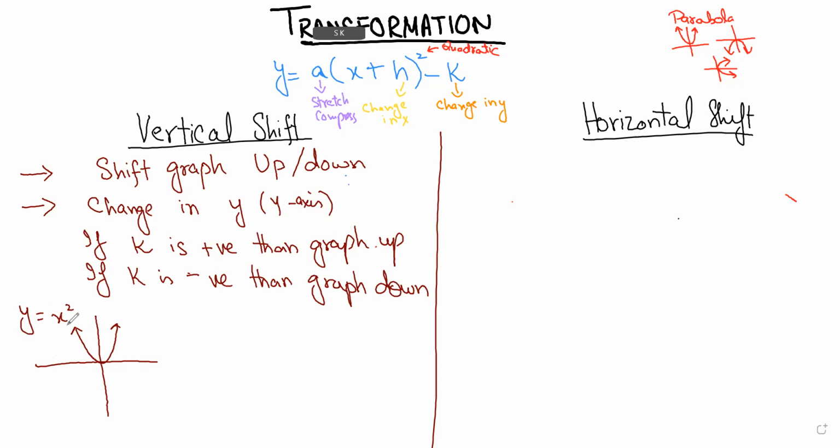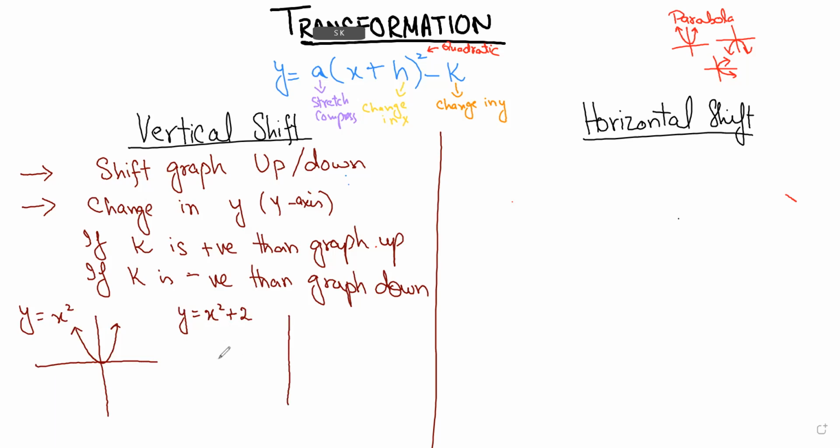In this equation, there is no k value that adds anything, so it's going to stay here. But if the equation is like this, y equals x squared plus 2, the square is only on x, so that means it's a parabolic equation.